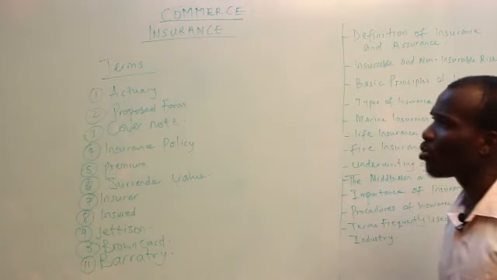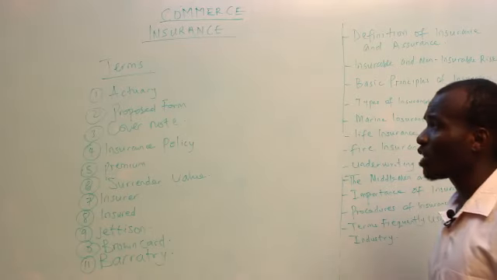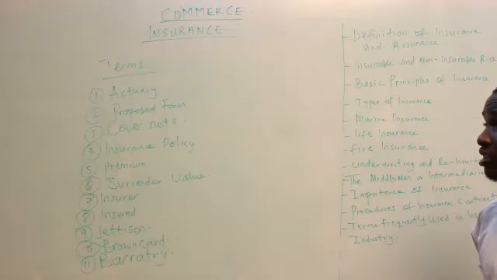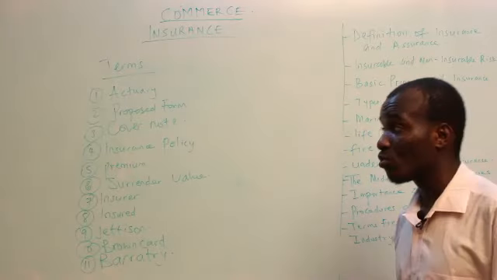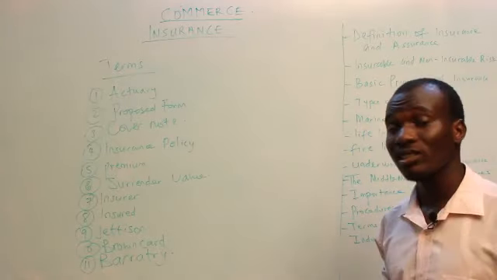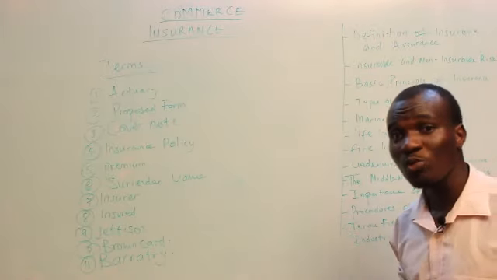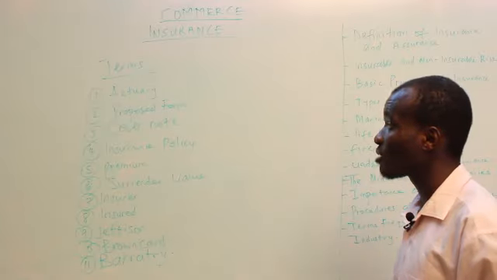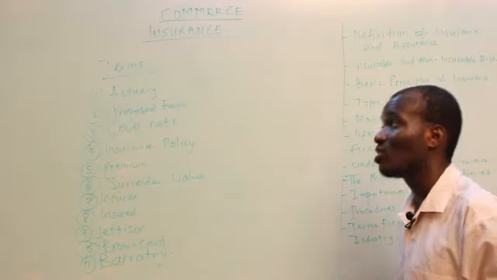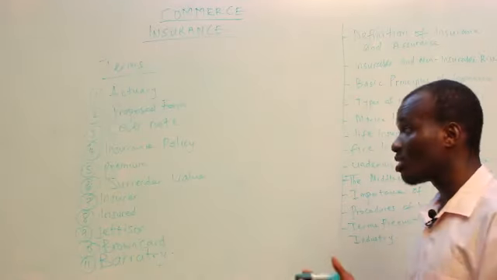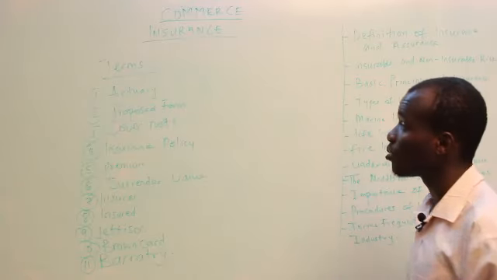Now the next thing is the proposal form. This is the form given to the person who is interested in taking an insurance policy, used for getting the details of that person. The initial form that gives out the details of the insured person is called the proposal form.